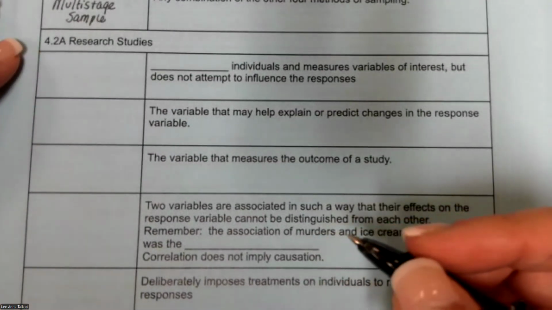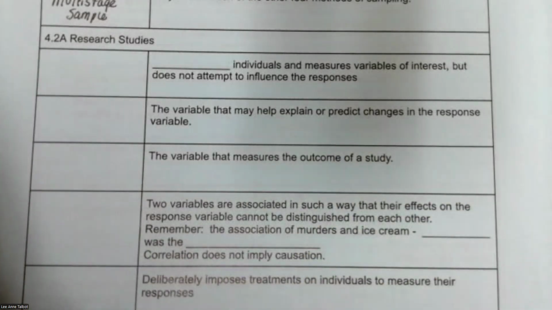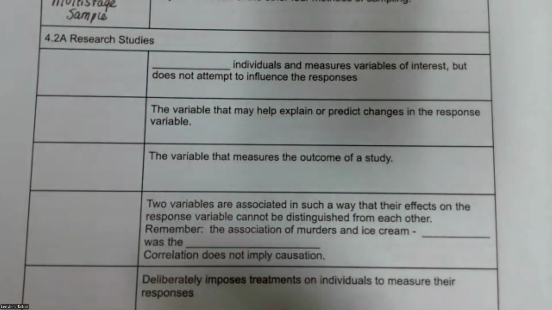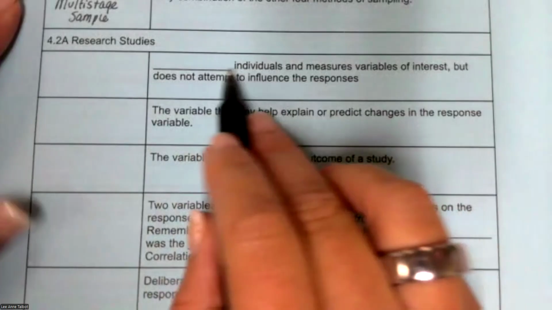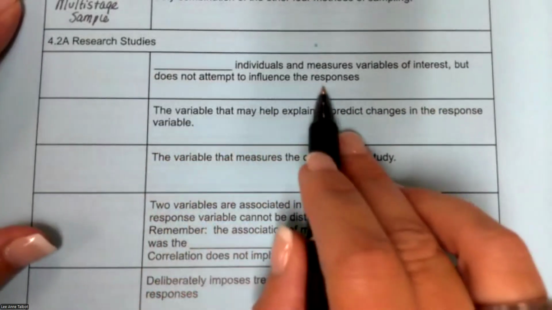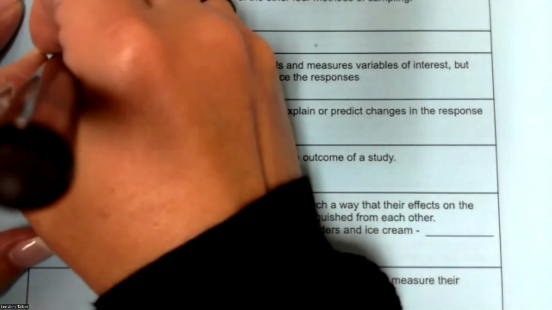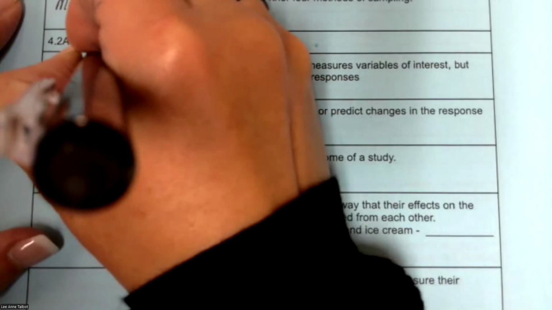Research studies. There are two different types of research studies that we study: observational studies and experiments. This one says, does not attempt to influence the responses. That's called an observational study.